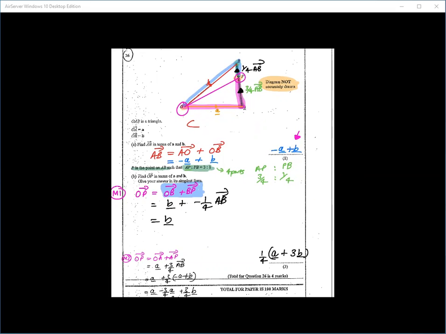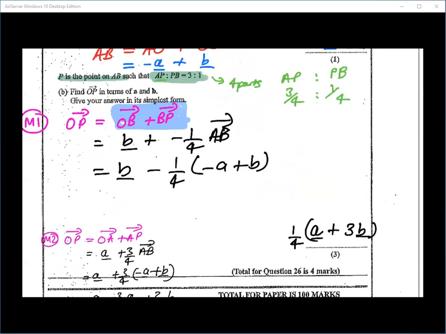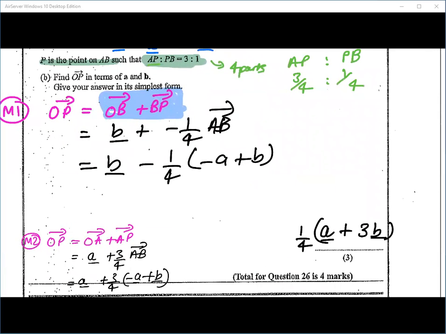Okay, well, don't worry about putting pluses and minuses together. Leave it as a minus. B minus a quarter times minus A plus B. Okay, next. You'd expand it, so it'd be minus a quarter A. Okay.